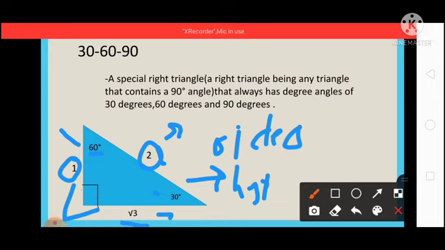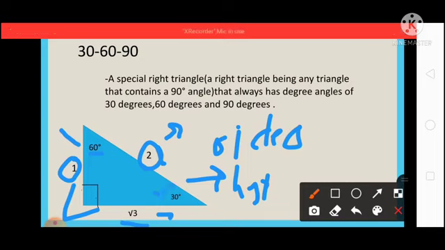A special right triangle also has side length values which are always in a consistent relationship with one another. The side opposite the 30-degree angle is always the smallest, because 30 degrees is the smallest angle.